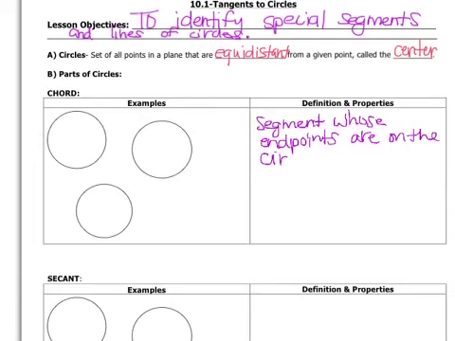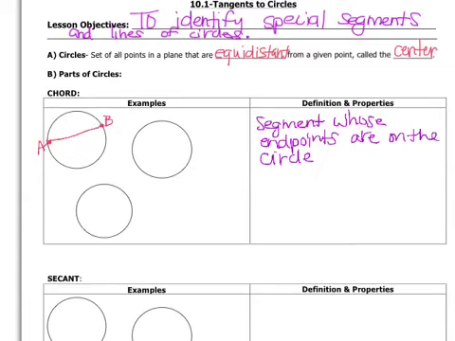The endpoints are on the circle, and it can be anywhere on the circle. So for example, let's say we have one endpoint here, another there, endpoints A and B. That segment is a chord.